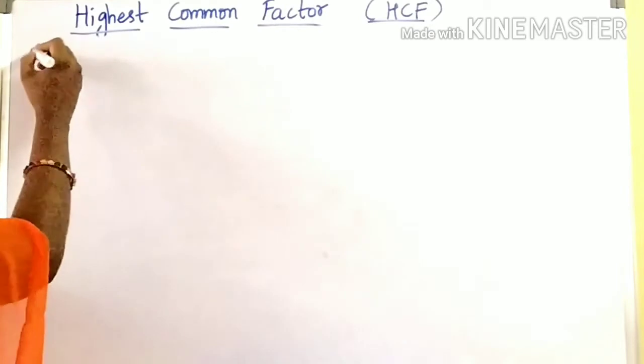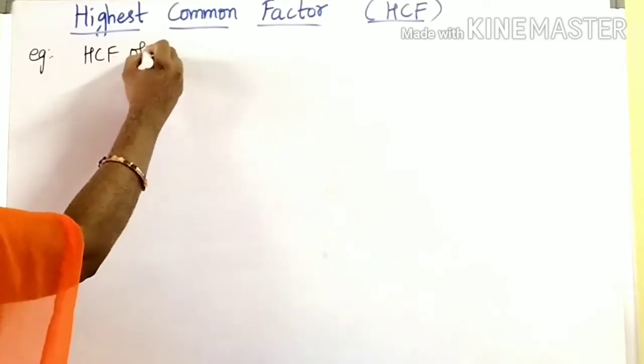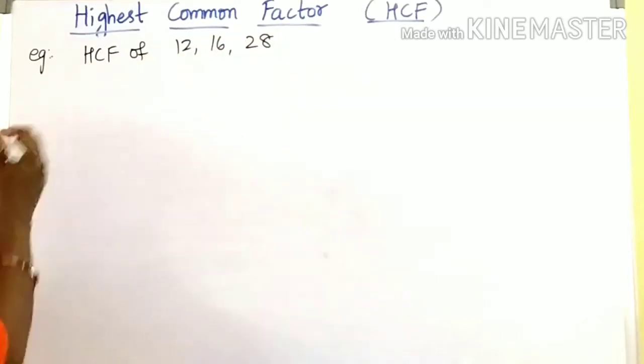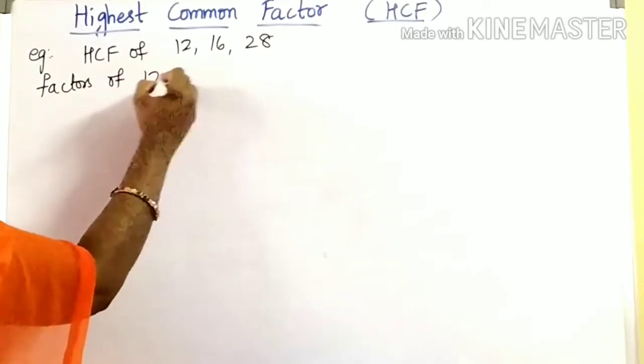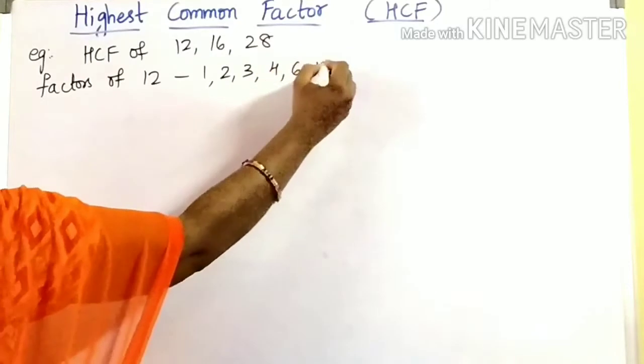Now I am going to take an example of HCF of 3 numbers: HCF of 12, 16 and 28. First we have to find the factors. Factors of 12: 1, 2, 3, 4, 6 and 12.